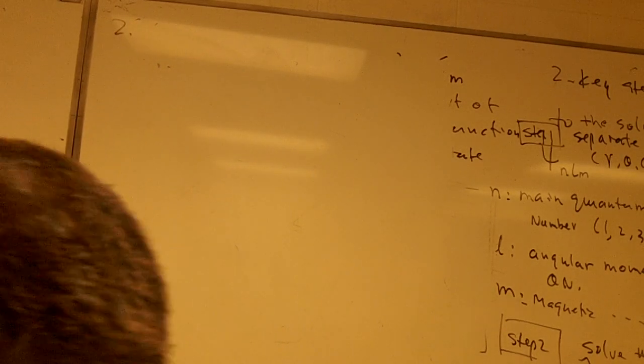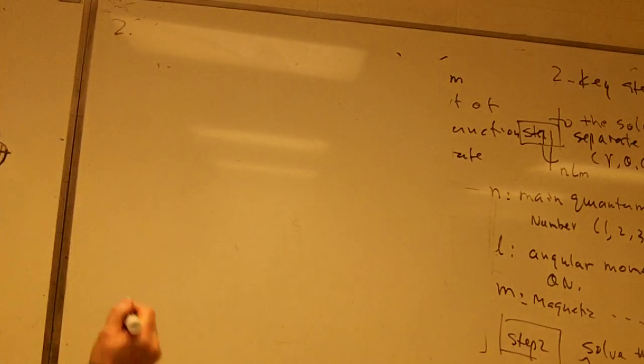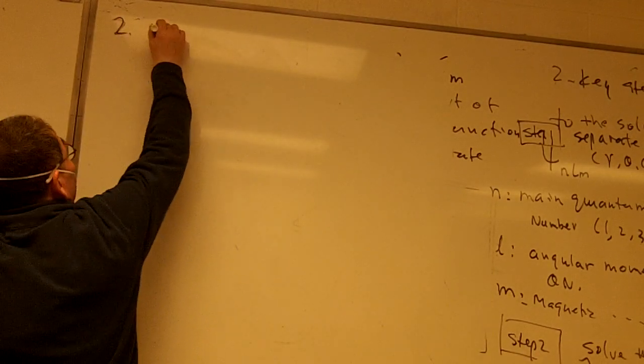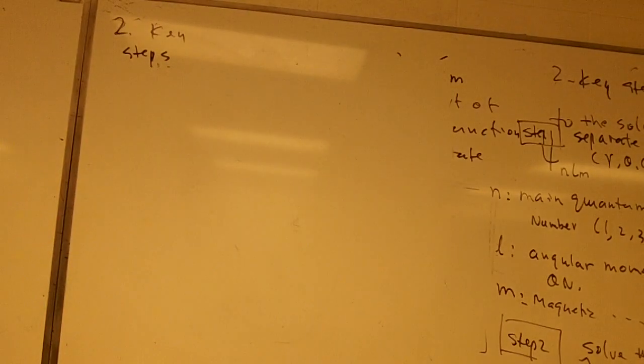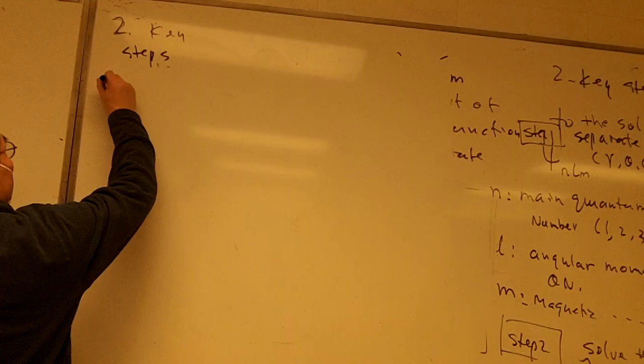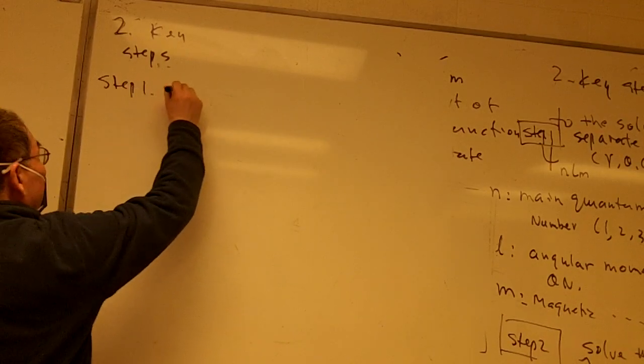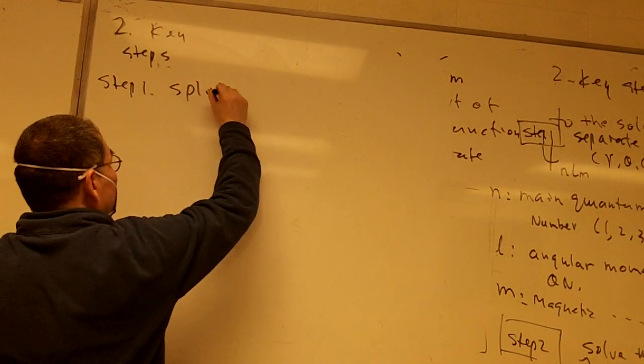I want to show you the key steps. How do we do the calculation in this way? The first step, split the system.